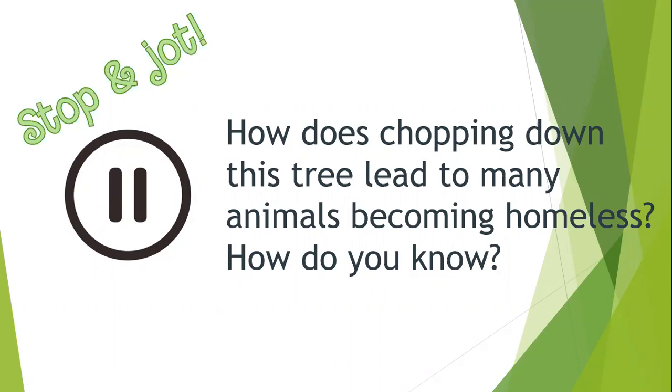You're using evidence from the other parts of the story that we've read, the things that the animals have said about the tree, the things that the animals have said about humans. How does chopping down this tree lead to many animals becoming homeless, and how do you know? Pause your video, go back and rewatch, go back and find your evidence to answer this question.